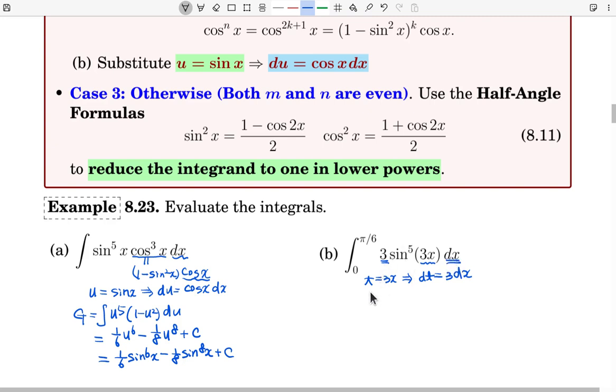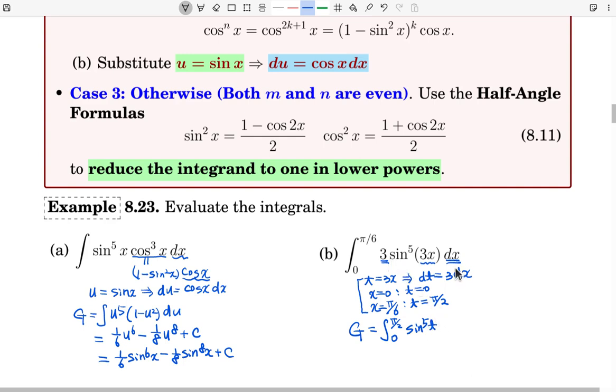Now x is 0 implies t is 0. Now x is pi over 6 implies t is pi over 2. Using this data, the given integral becomes the integral from 0 to pi over 2 of sine to the 5, and 3x becomes t.